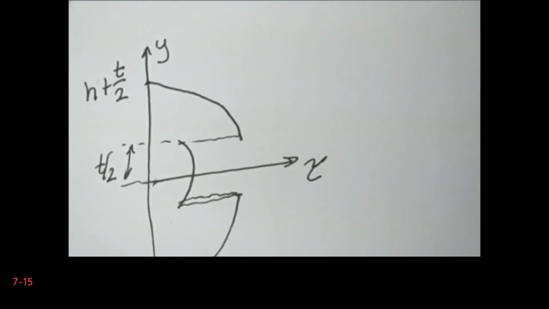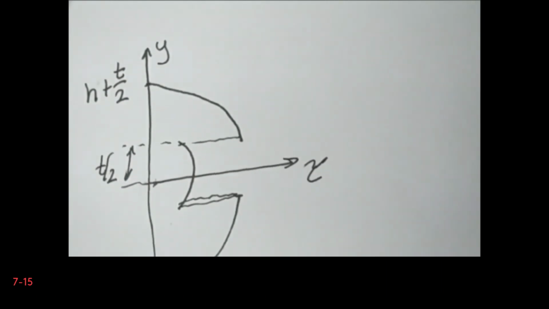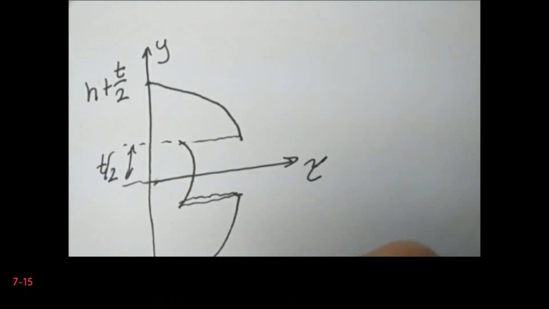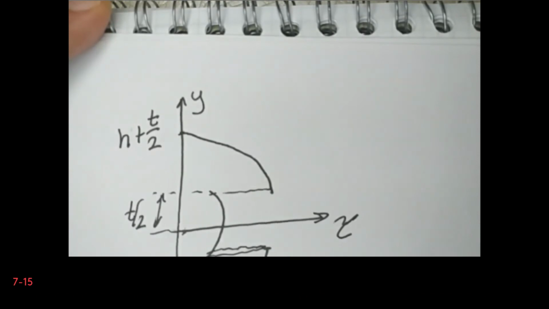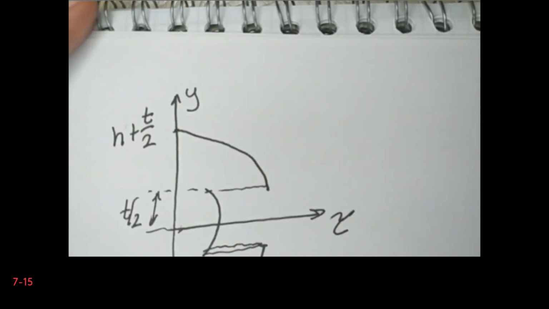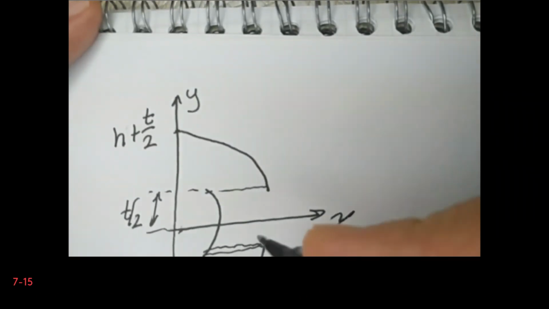So this is our shear stress distribution. Certainly we see that as a result of change in thickness, there is a strong jump in the shear stress at point A. This is what we see.